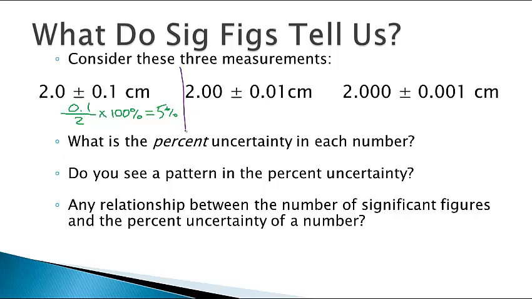Now what if I add a sig fig? Now my percent uncertainty is going to be 0.01 divided by 2 times 100%, which will be 0.5%.